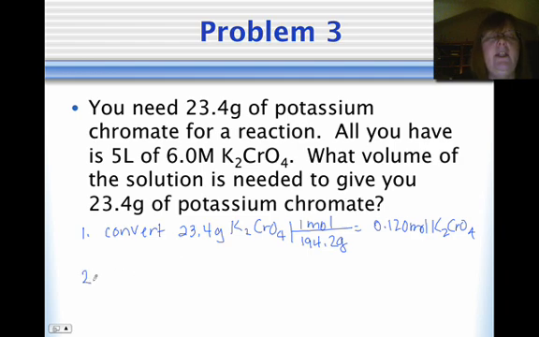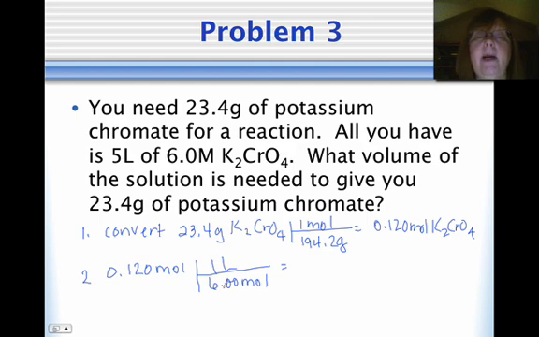Step 2: if you take your moles and divide by the molarity, and it's 6 molar, or in other words, 6 moles in 1 liter, so we are dividing by the molarity, look what happens. The moles cancel and we're left with liters. And our answer is 0.02 liters of solution.